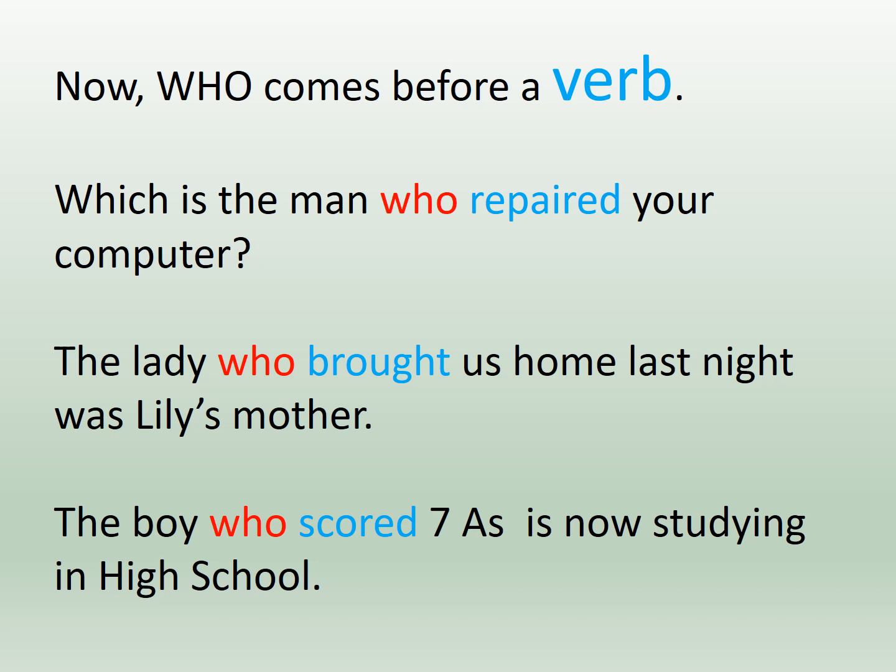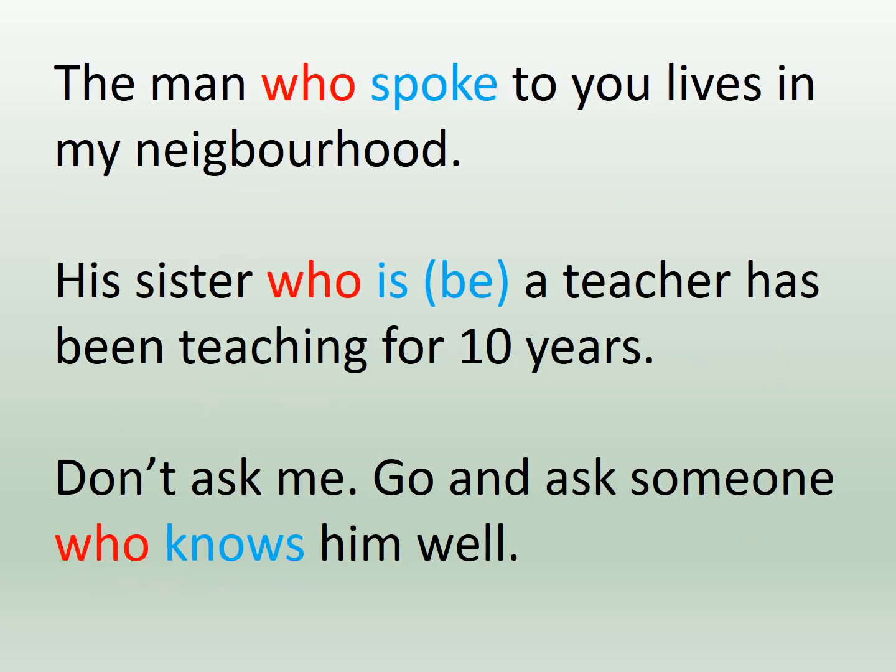So, I use who, but after who I put a verb, like this one. The man who spoke to you lives in my neighborhood. His sister, who is a teacher, has been teaching for 10 years. Don't ask me, go and ask someone who knows him well. So after who, I put a verb.